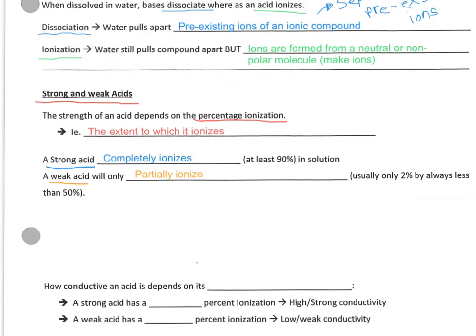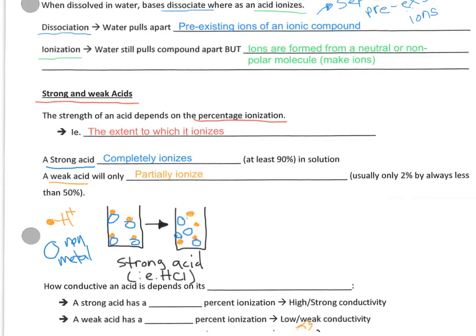So we're going to draw a little diagram to show this. If we have a strong acid here, we're going to say that this dot is a hydrogen ion, and this is a nonmetal. In our solution, we have our acid compounds looking like this, the hydrogen and a nonmetal bonded together.